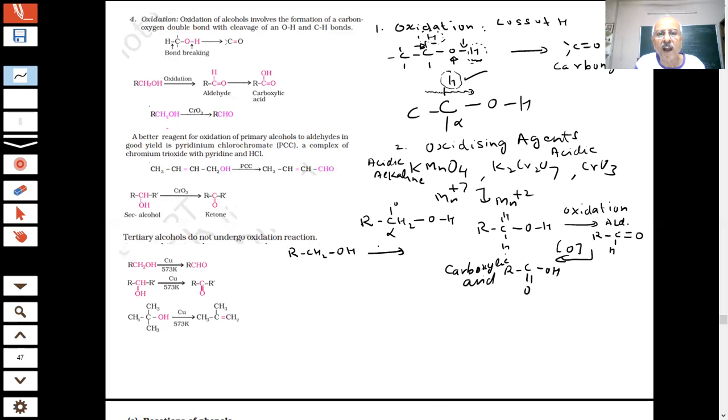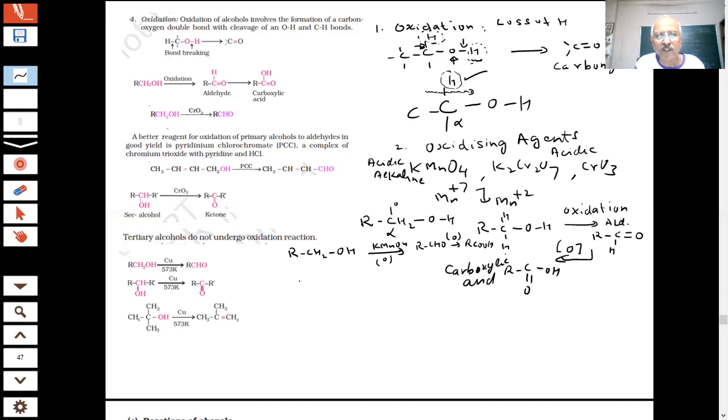If I add any of these oxidizing agents, you can add KMnO4. Then you get RCHO, and further it is oxidized to RCOOH. This is an example of an oxidation reaction.